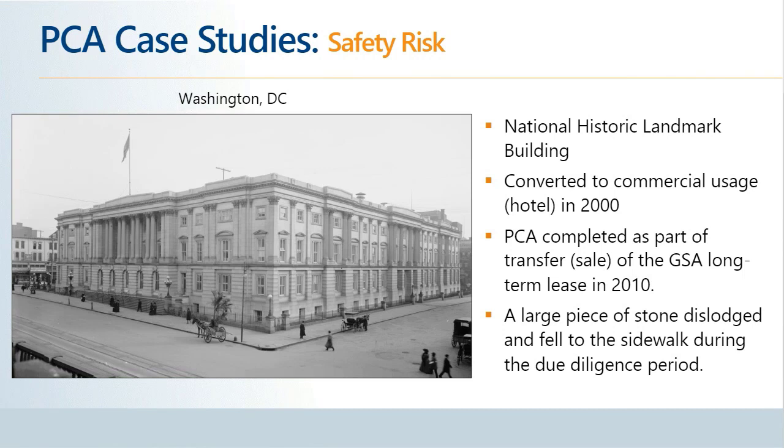A PCA was conducted in 2010 as part of a sale of the long-term lease with GSA. And as you can see in the photo, the exterior of the building is primarily stone and includes several highly articulated elements, such as the column capitals. And during the course of the exterior survey portion of the PCA, several instances of loose stone material or spalls were identified.